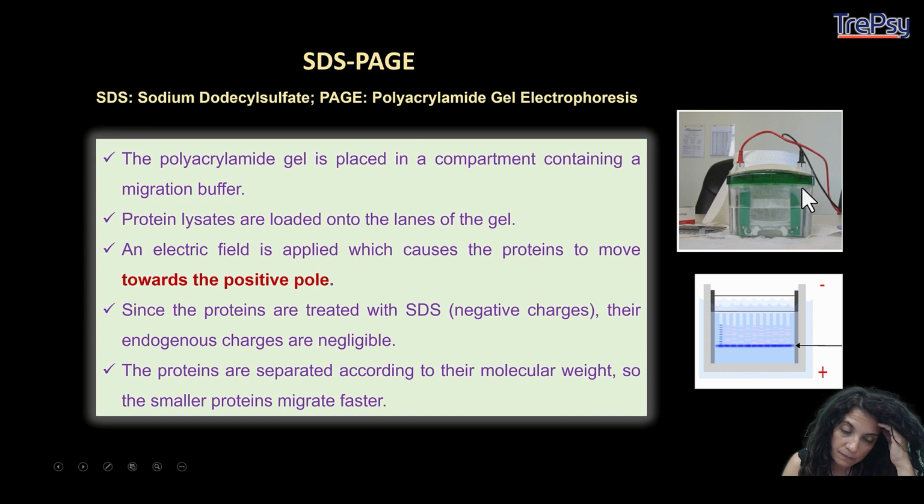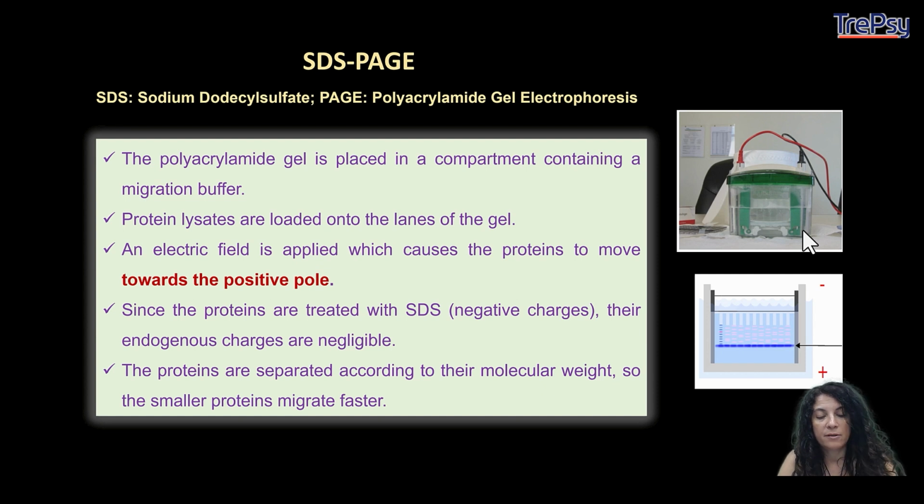An electric field is applied, like here in this picture. At the top, an electric field is applied which causes the proteins to move toward the positive pole, because we have to remember that the proteins are negatively charged.